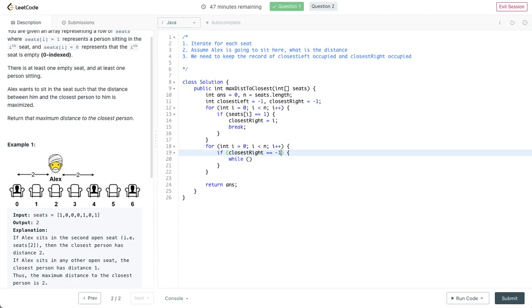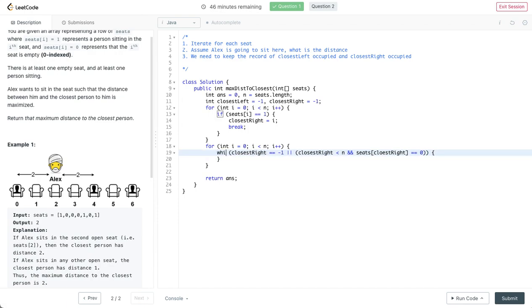Hold on, here, not that, is equals to, if it is an empty seat, then it is not occupied. But in this case, we want to find the closest right that is occupied.